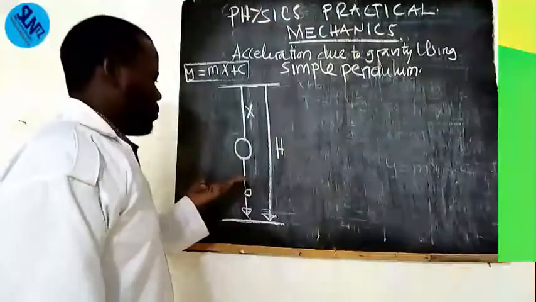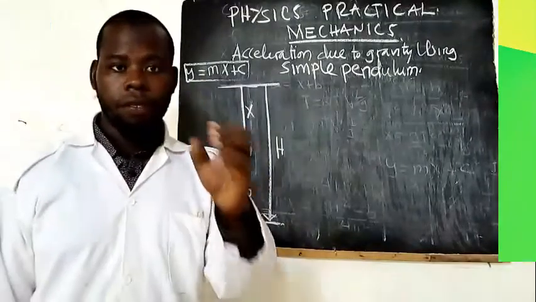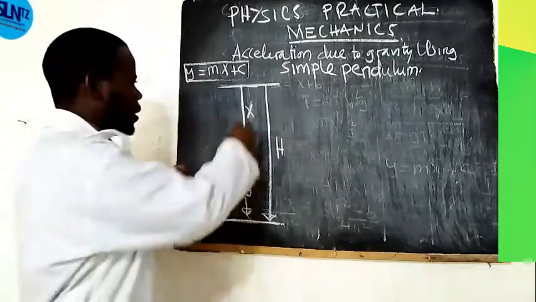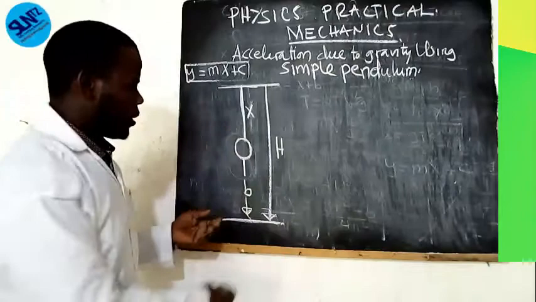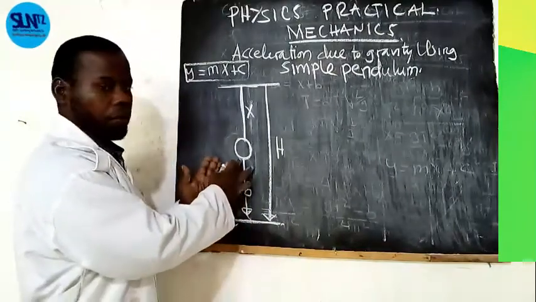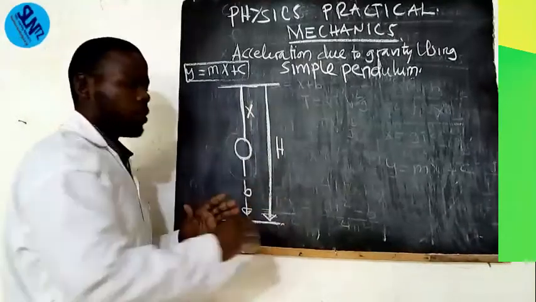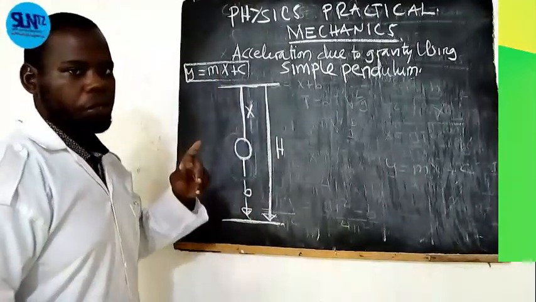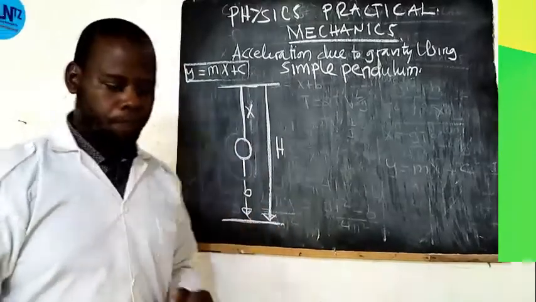The third setup is different from the second, which is different from the first. Because we have the length of the pendulum, the length from the floor to the pendulum, and we have the height, the total length from the fixed or suspending point up to the floor.